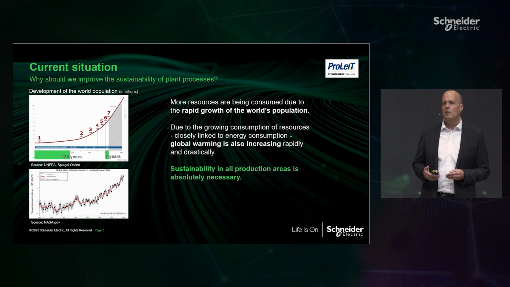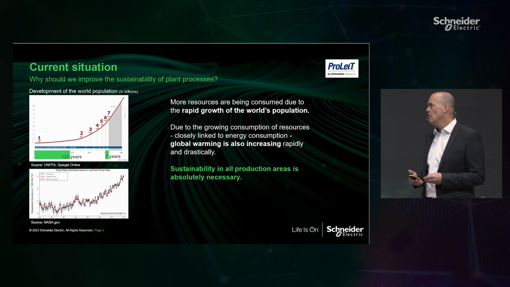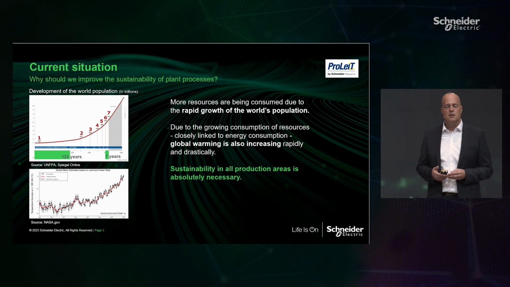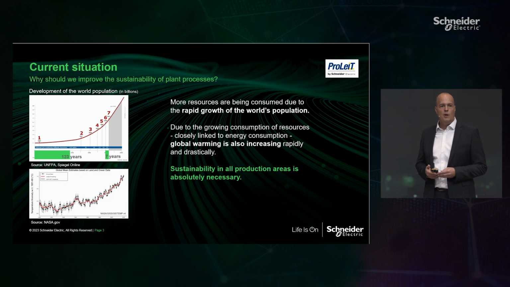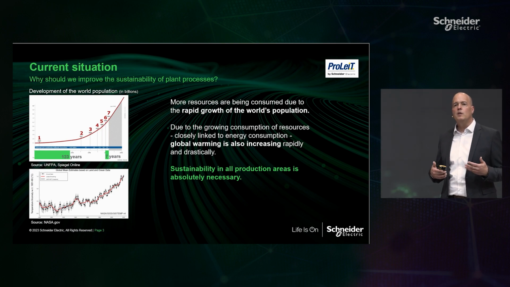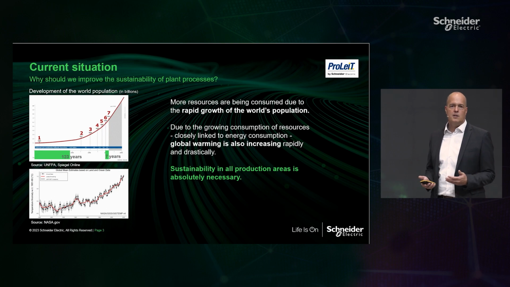And more people means more energy consumption, and therefore a higher need for this energy. On the other side, we know there's a global warming discussion. We see the impact already here in our world, and especially for Schneider Electric, it's one of our very important points to say, okay, here we need to do more, here we need to help our customers, help the industry, and of course help the planet.